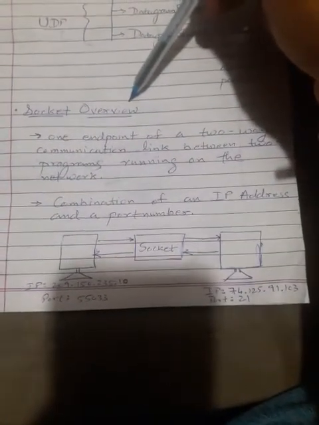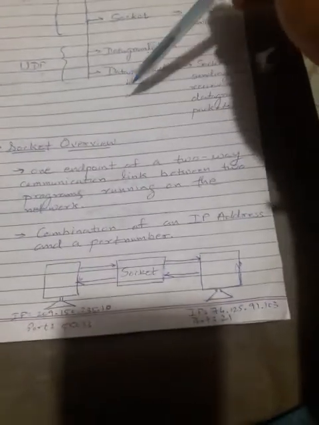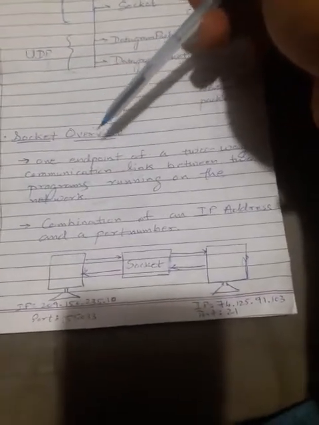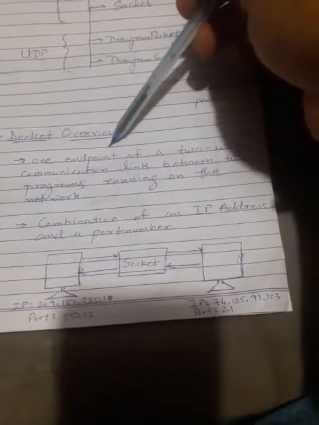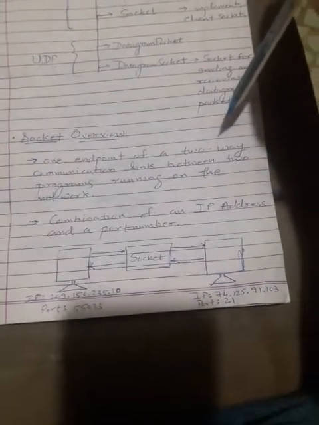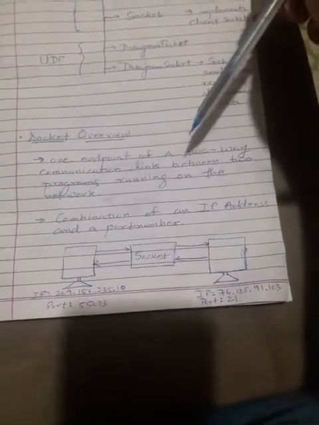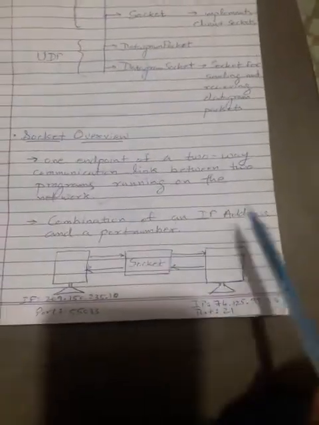Now what is the socket that we have to see? The simple definition is that it is one endpoint, we can say, for the two-way communication between the two programs running on the network. That can also be the combination of IP address and a port number, we can say.